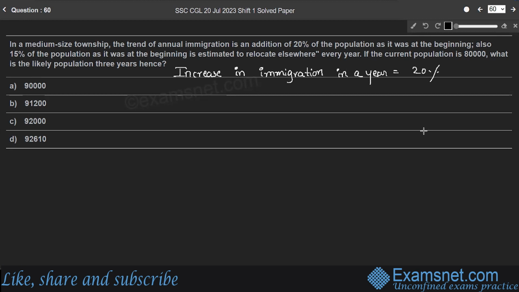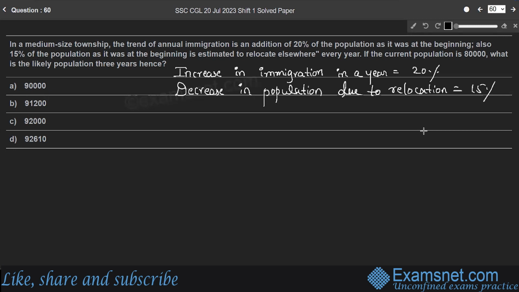And it is given that decrease in population due to relocation is equal to 15%, right? 15% people will relocate.